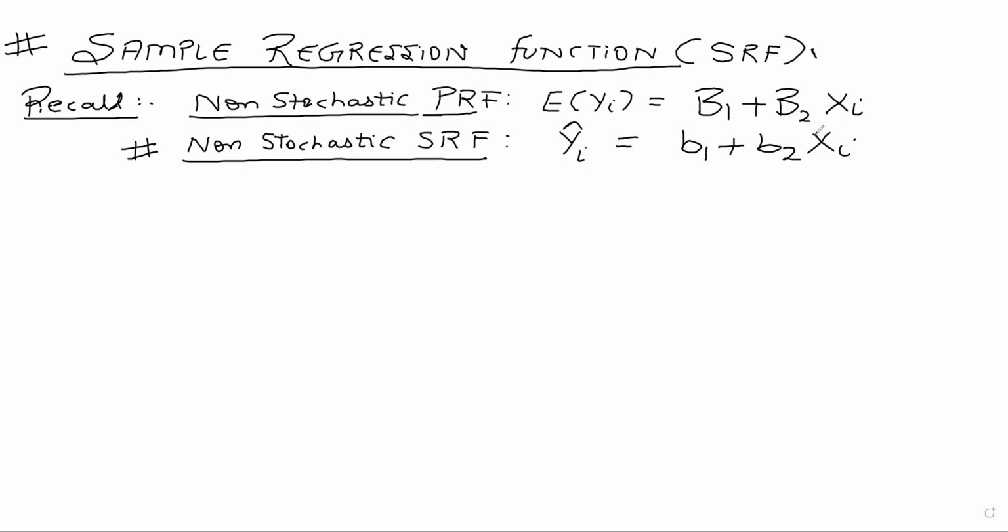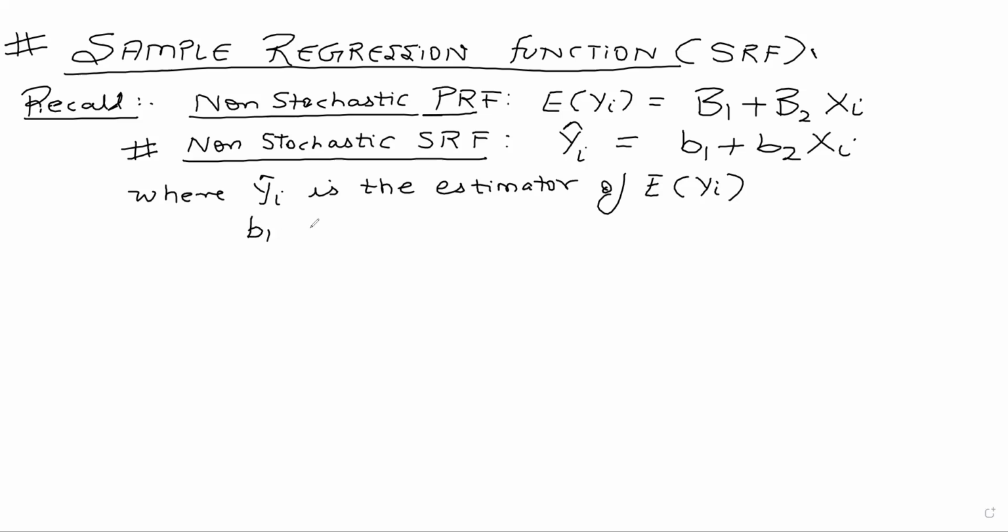But now you can clearly see, all students have done with me the concept of estimation in the paper Statistical Methods for Economics. So yi hat is the estimator of expected value of yi.